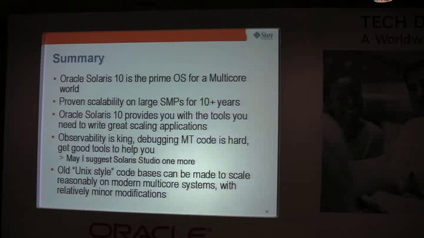Old Unix-style code can be made to scale fairly well. You won't scale as well as multi-threaded code, but you can retrofit old code bases, so you don't necessarily have to throw everything out and start from scratch, right?